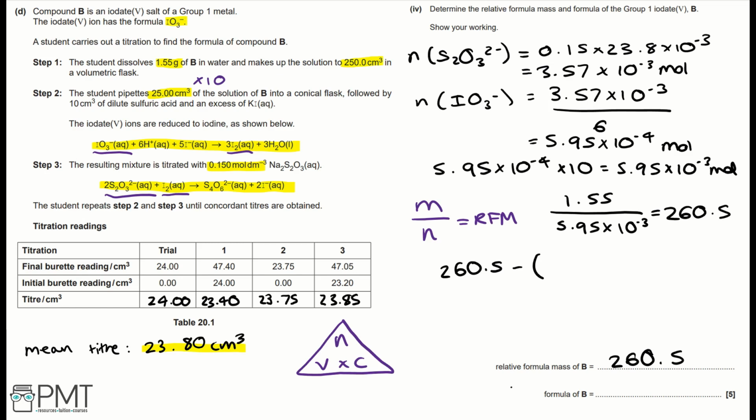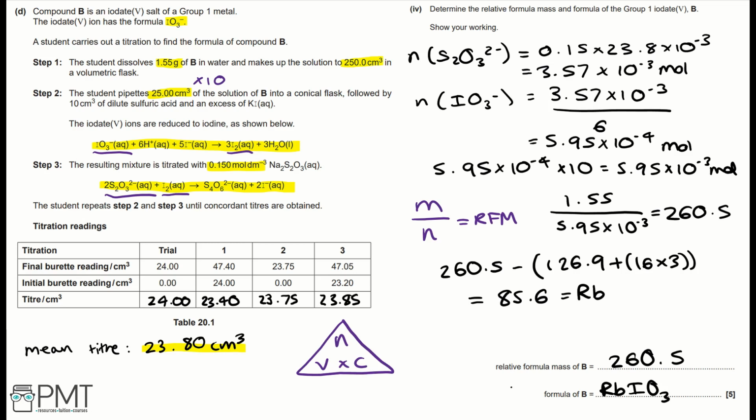So that would be 126.9 plus 16 times 3, which gives us the relative formula mass of the group 1 metal as 85.6. Matching this to the closest group 1 metal, that is rubidium. So the formula of B would be RbIO3.